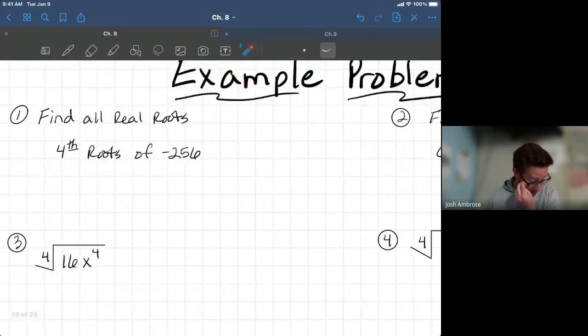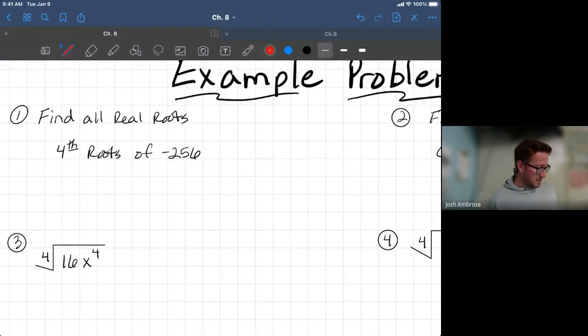All right, we want to have the 4th root of negative 256. There should be a red flag going off, and if it's not, that's fine, but listen closely then. 4th root, that's an even number. And if you went back up into your notes, and you should have written everything down that was highlighted, even number roots can only be taken of positives, and this is a negative number.